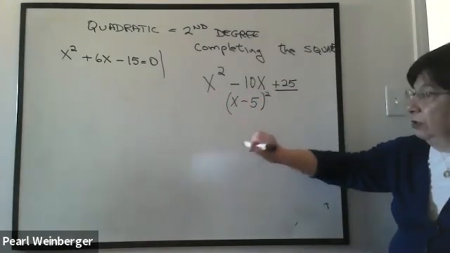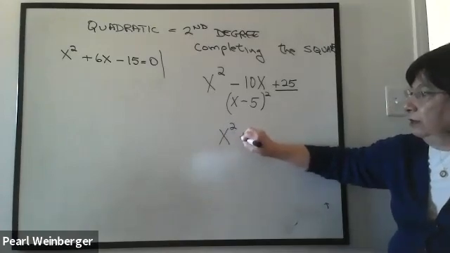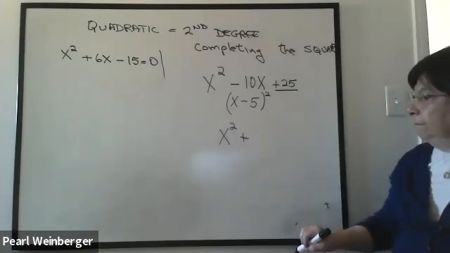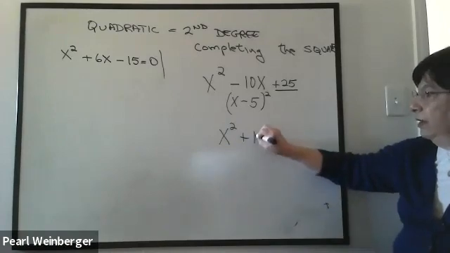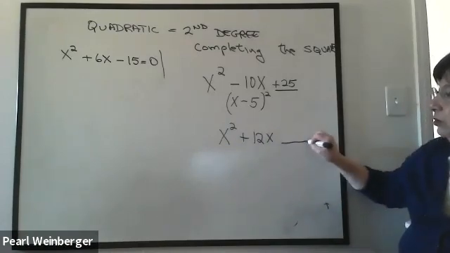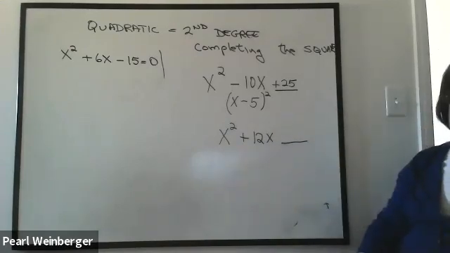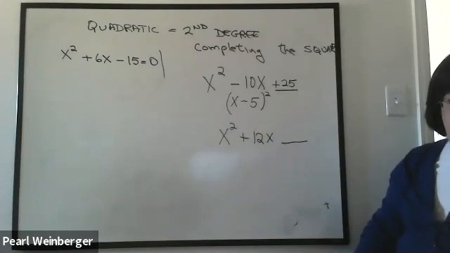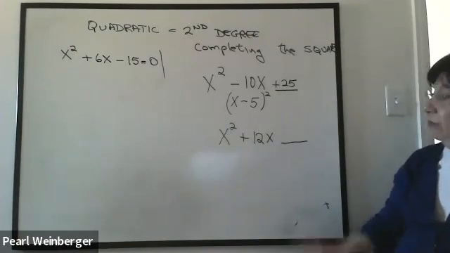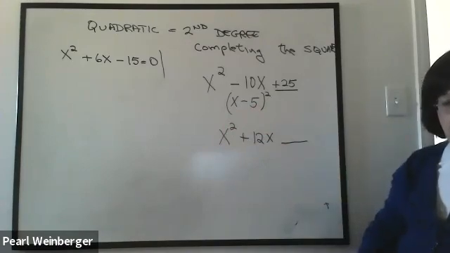Okay, let's do another one. Suppose I had x squared plus 12x. And I want to know what should I add to these two terms? What's the third term I should have in order to have this binomial to be a perfect square trinomial?